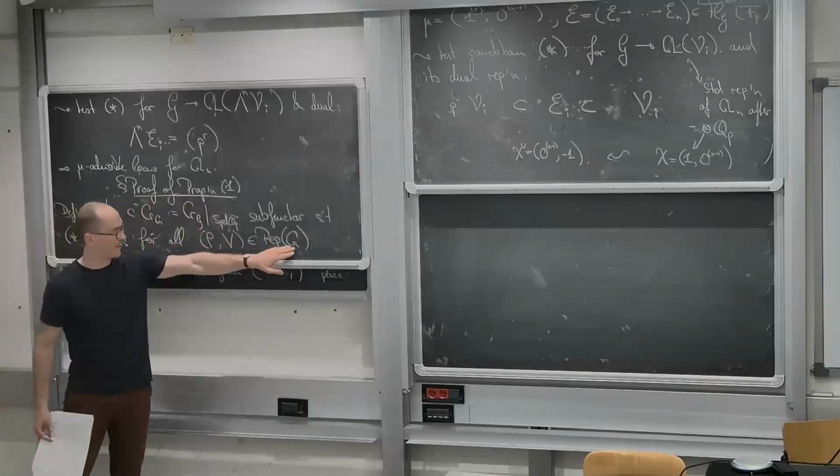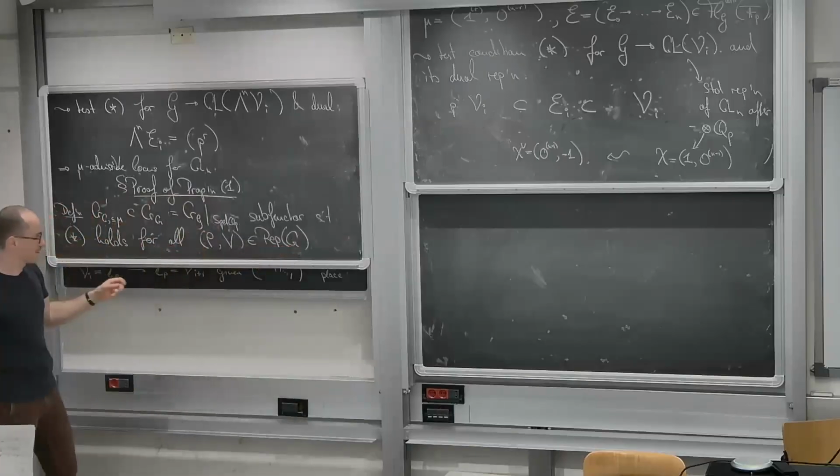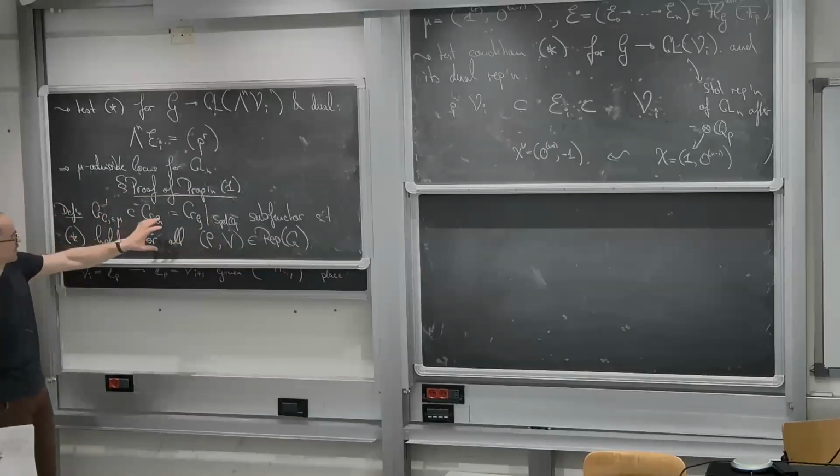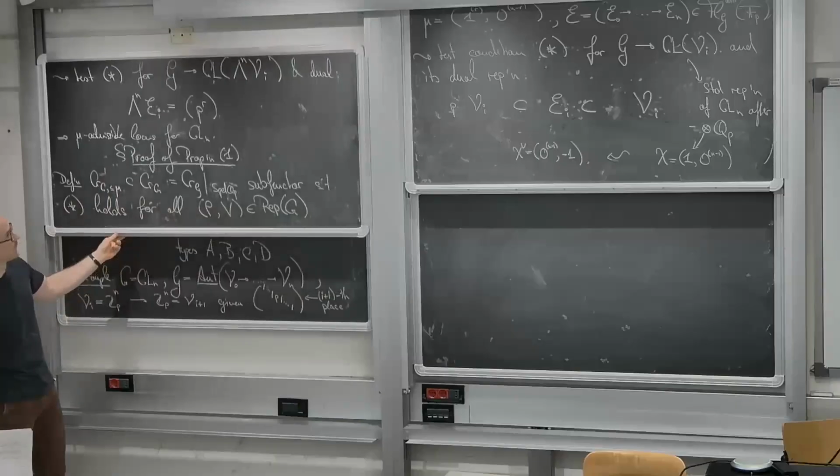I just have straight G is a split product of group over Z_p, and I have this one condition, and I test it on any representation.